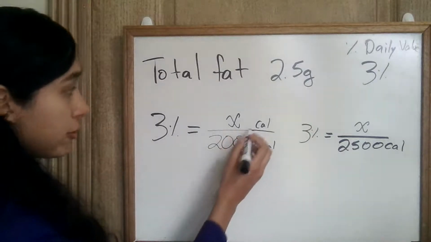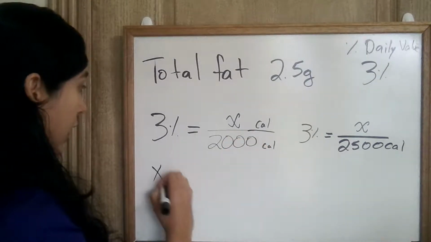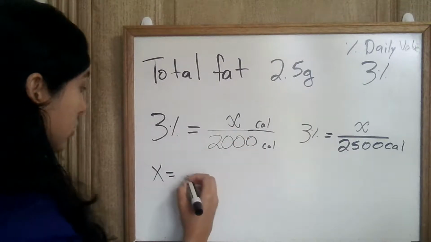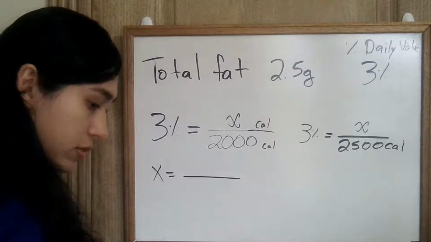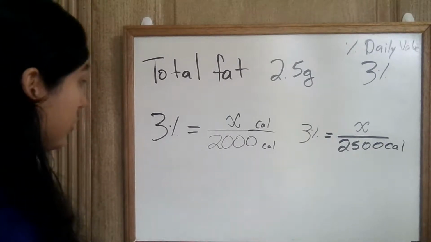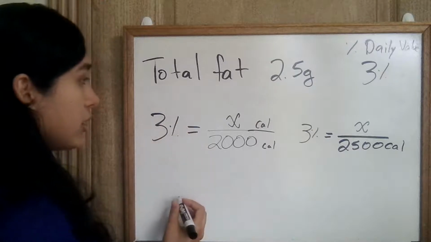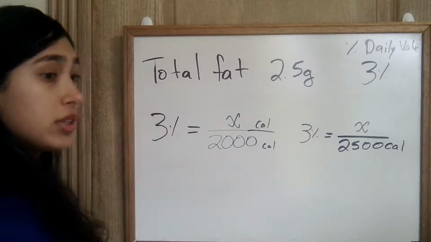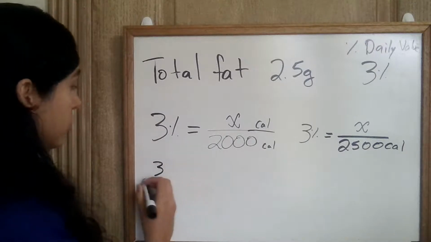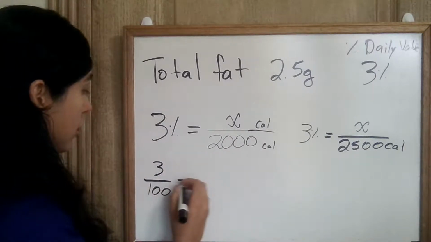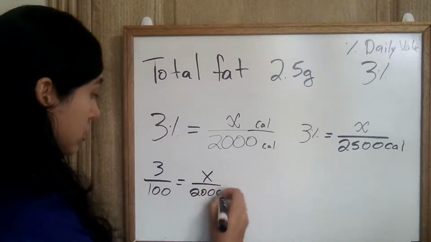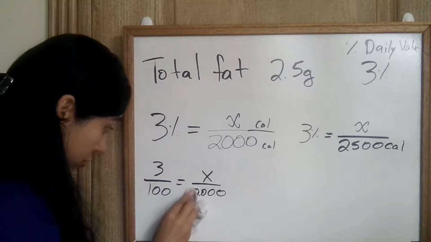So let's say I solve for X here. Let me not skip steps since we're all learning right now. So we know that 3%, we want to convert this into a decimal, or let's say you want to say 3% is the same as 3 over 100, equals X over 2,000.